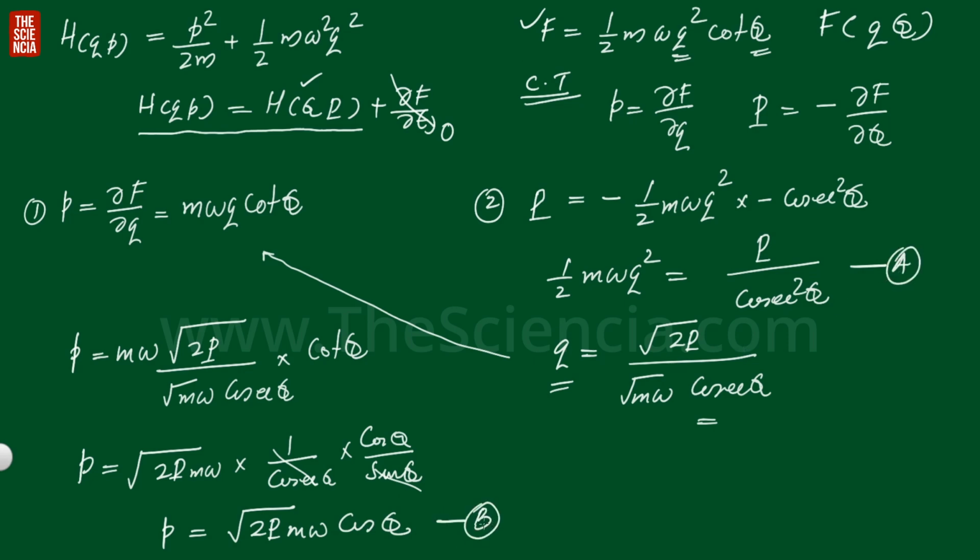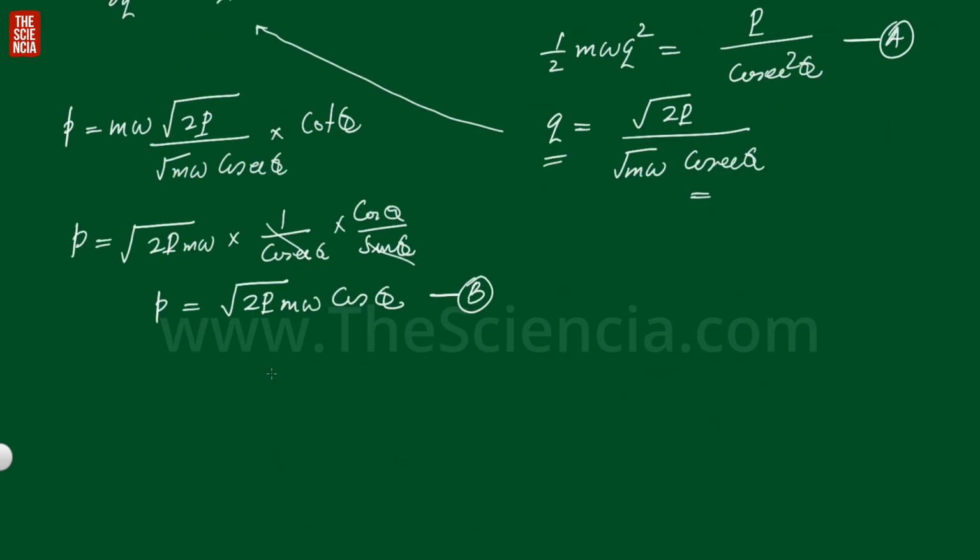So now we can substitute a and b in this equation for the Hamiltonian. That is the old Hamiltonian H of q, p is equal to p square by 2m plus 1 by 2 m omega square q square. So the new Hamiltonian will be equal to, we have to replace this small p by this equation.